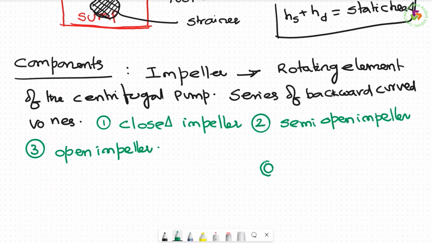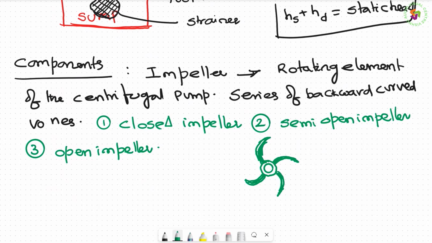A series of curved vanes, which are actually backward curved vanes, are mounted on this.